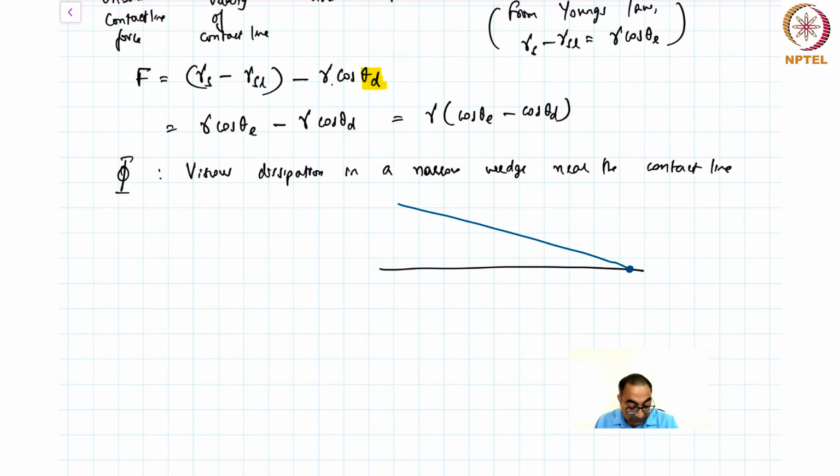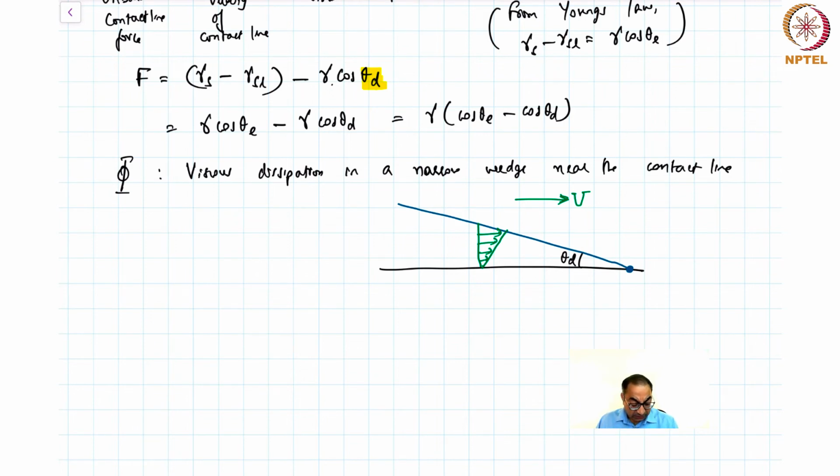But if you make the wedge very, very narrow, with angle theta d, and the contact line is moving with a certain velocity, then the entire interface is moving with a velocity of capital U, and the local velocity can be thought of as a simple Couette flow.